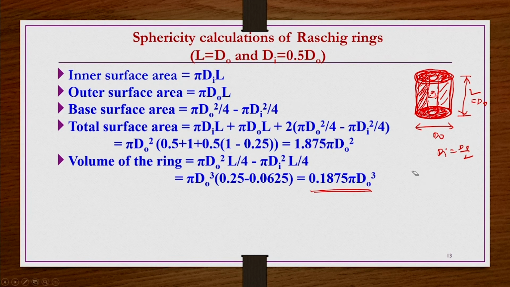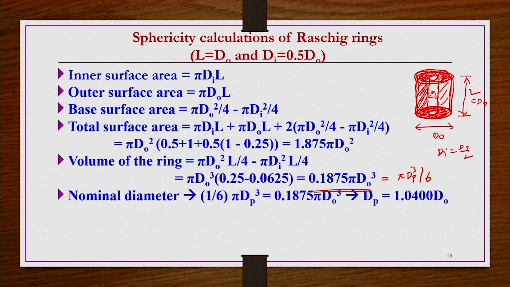If you equate this to the volume of a spherical particle, pi dp cube by 6, whose size is dp, then pi dp cube by 6 equals 0.1875 pi d naught cube. So, the nominal diameter dp is almost close to d naught, that is 1.04 d naught.